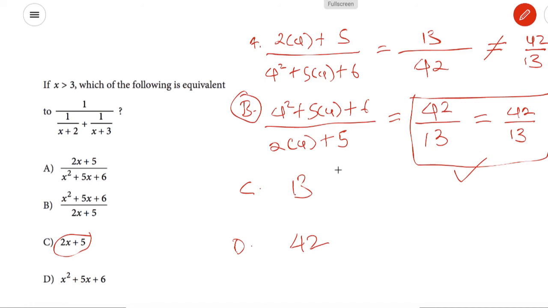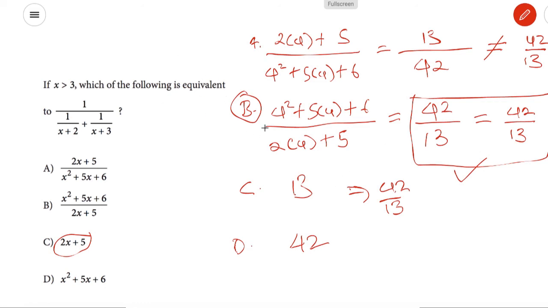One final thing to note is that sometimes after you plug in a number, you might have more than one option be right. So for example, you could have plugged in a number and ended up with C giving you 42 over 13 for some reason. In that case, you go back and you choose a new number. Let's say you choose 5.